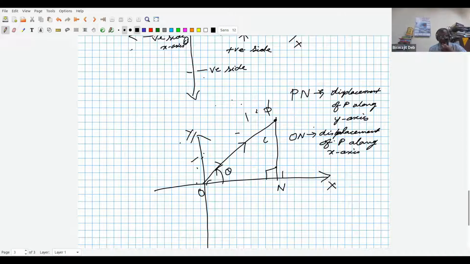Since it is displacement, it can be positive or negative. But what is OP?